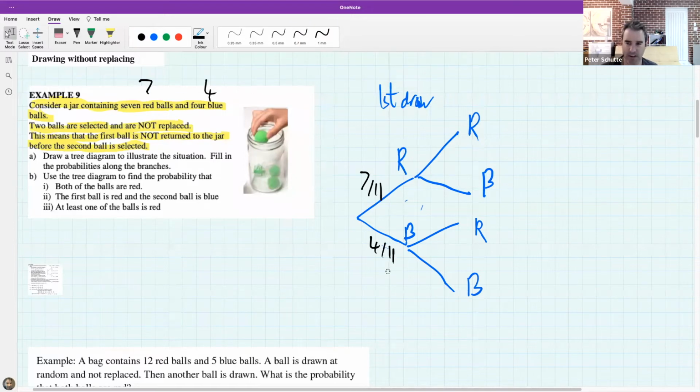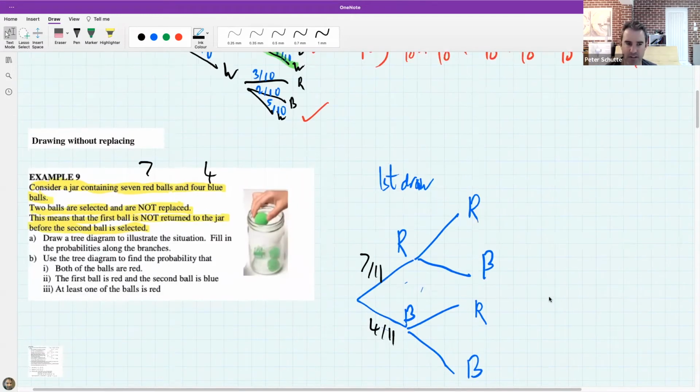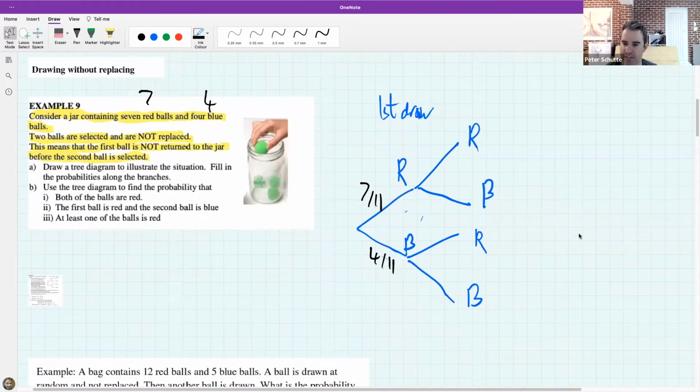Now, this is where it gets a little bit more exciting. Your first draw is exactly the same as it would have been in the previous question in terms of process. However, the second one is slightly different. How do you think it's going to be different? Does anybody have an idea?